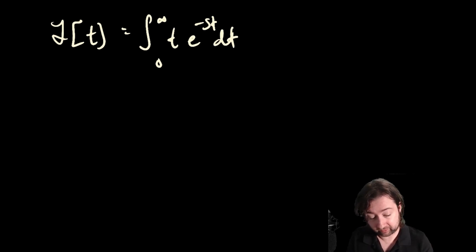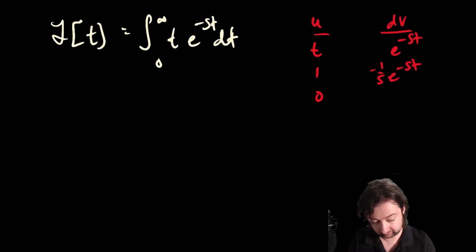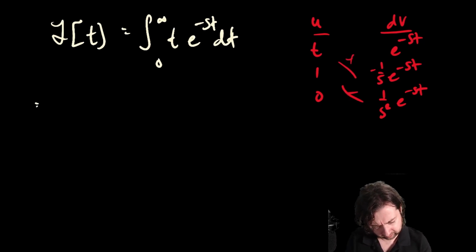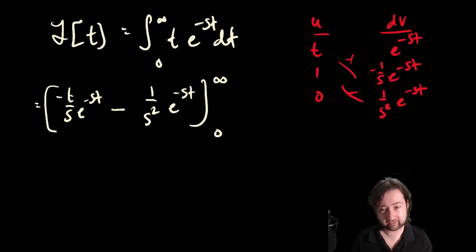In this case, if I do integration by parts, I'm going to get, let's see, here's u and dv, t and 1, 0, e to the minus st, minus 1 over s e to the minus st, 1 over s squared e to the minus st, plus and minus. And so this thing turns into minus t over s e to the minus st minus 1 over s squared e to the minus st, all evaluated from 0 to infinity, which again is a limit.